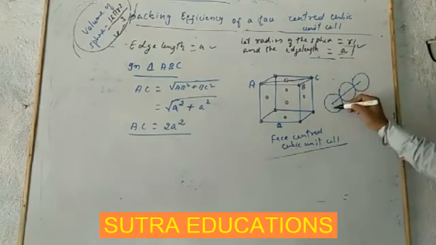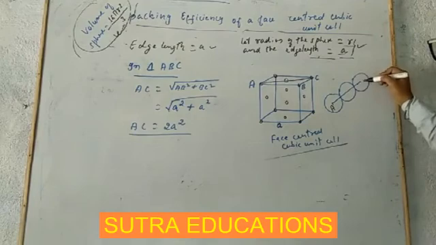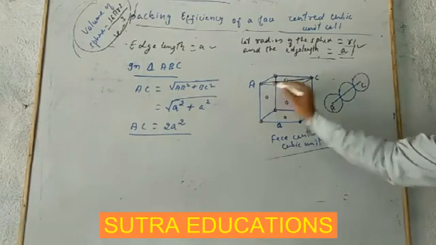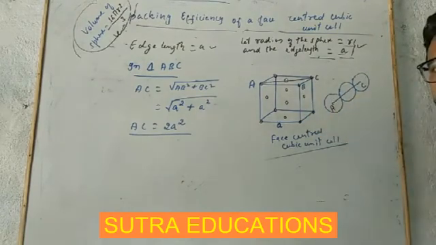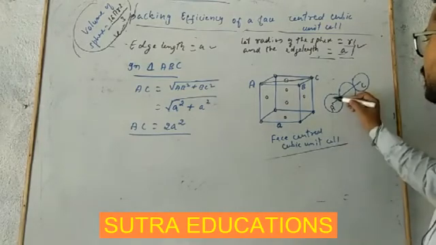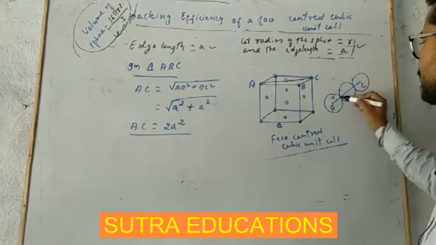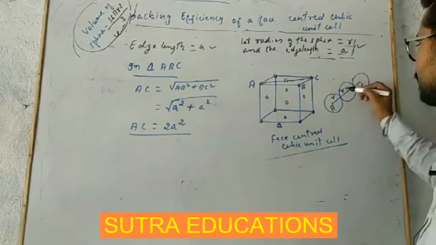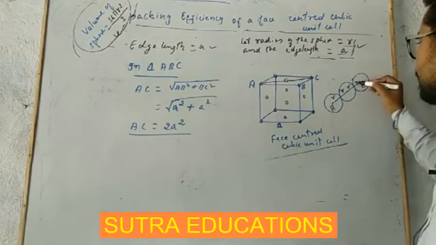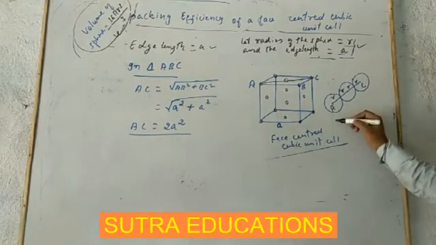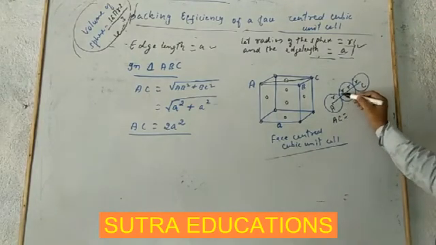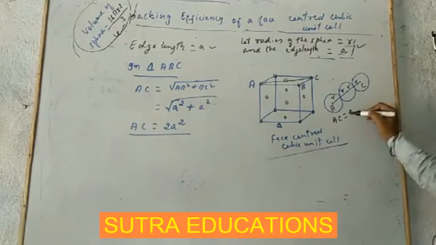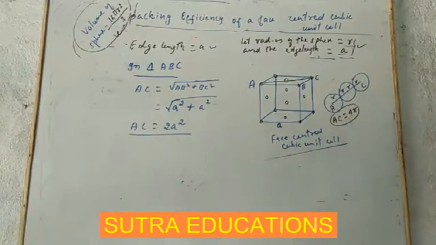This is AC, A and C. So on this face diagonal, this distance is R, this is again R, and this is R, and this is R. So AC we can say here is R plus R plus R plus R, means 4R. AC is here 4R.